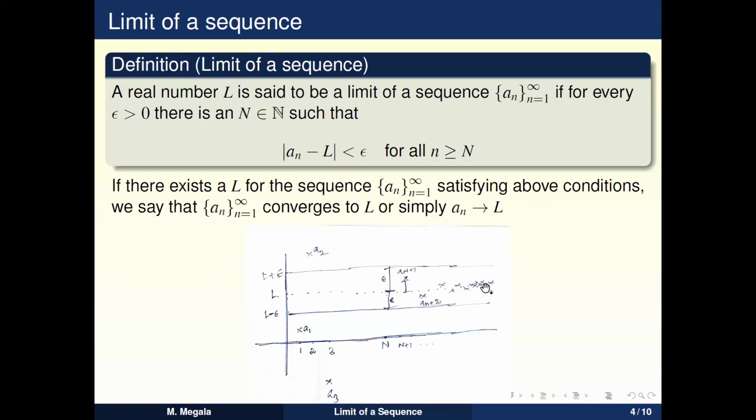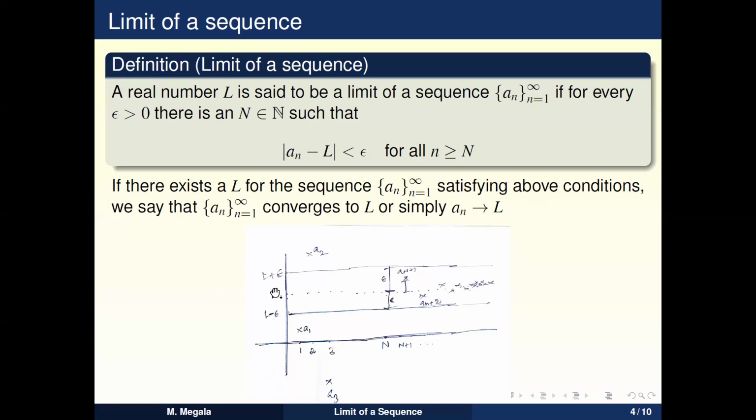Otherwise it will not happen, right? That's why they are converging. If I take epsilon very small, I should still be able to find n. It may be too big, but still I am able to find n. After that nth entry, all elements are very close to the limit. That is what the definition says.